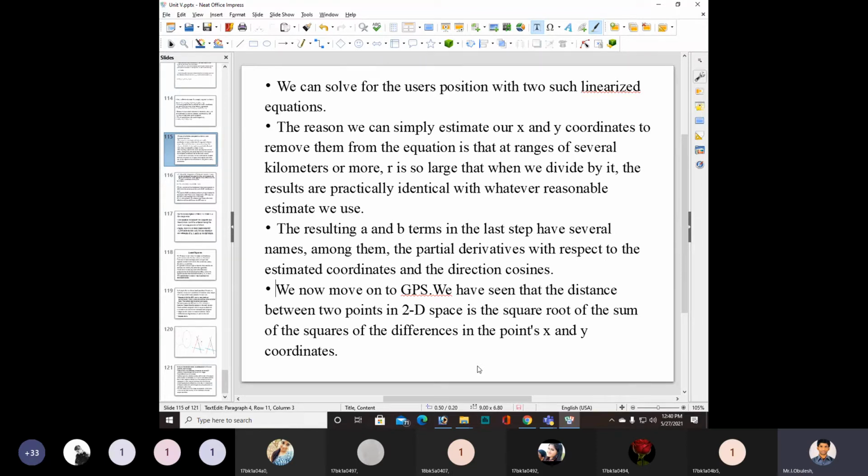The resulting a and b terms in the last step have several names.